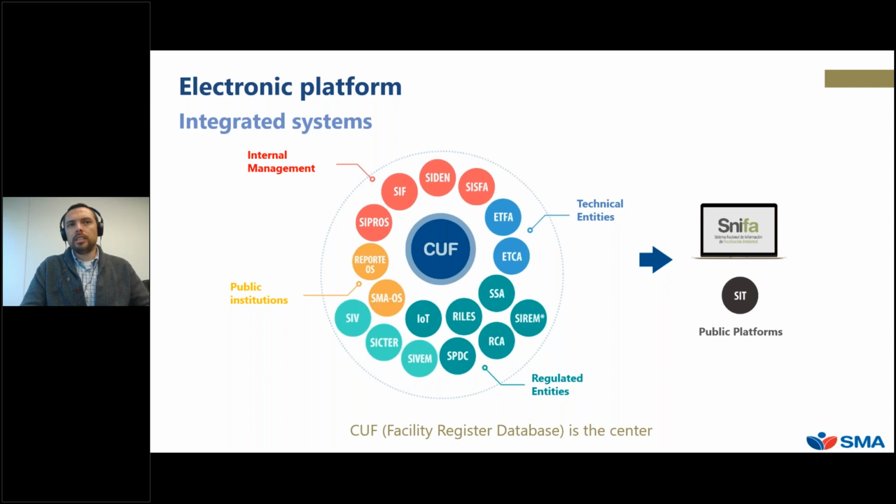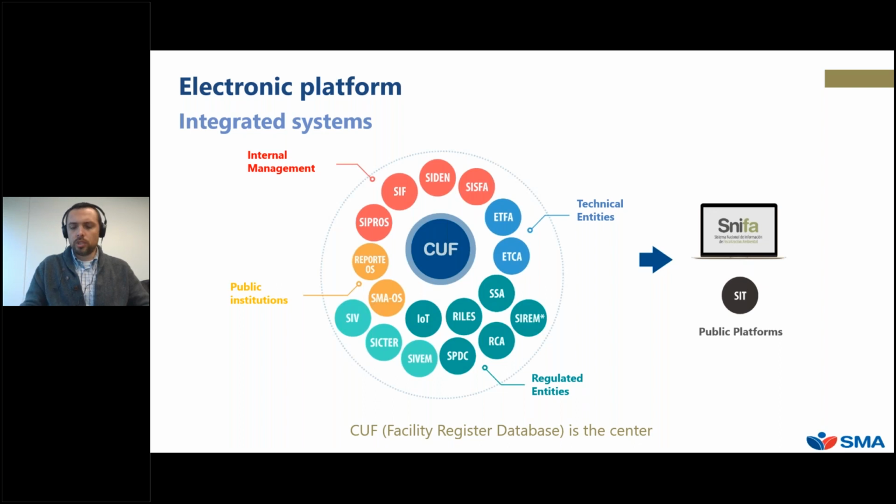We are collecting a lot of documents for that, so we have a project about it. I'm going to tell you about it later. All these systems are integrated through the CUF that you see in the center of the image. That means that we have only one register for each facility, and all the systems consume the same basic information.